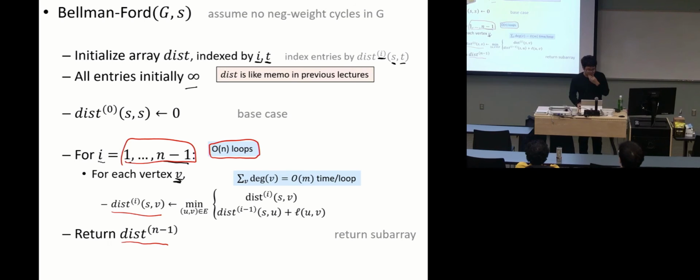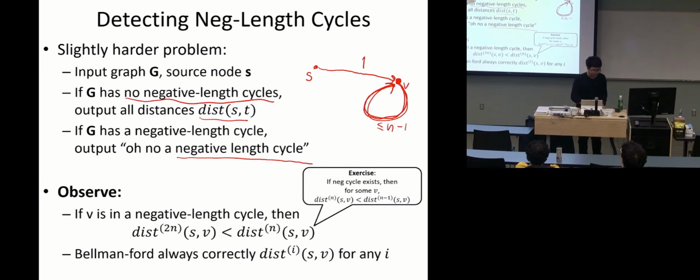So now, given these two observations, how would you check if there is a negative cycle? Yeah. Just run the loop until 2n instead of n, and then at the very end you just check that condition.